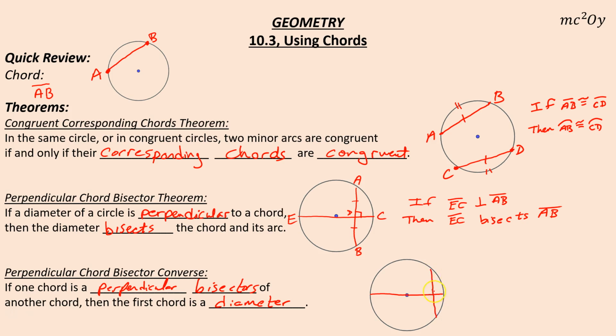Okay, so let's call this W, X, Y, Z. If WX is a perpendicular bisector of YZ, then WX must be a diameter.